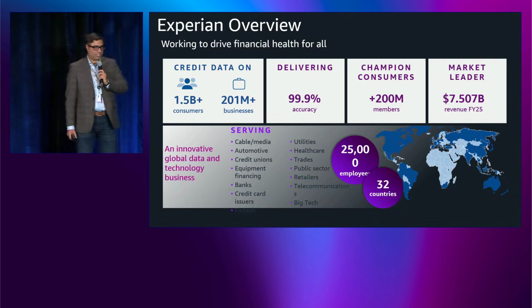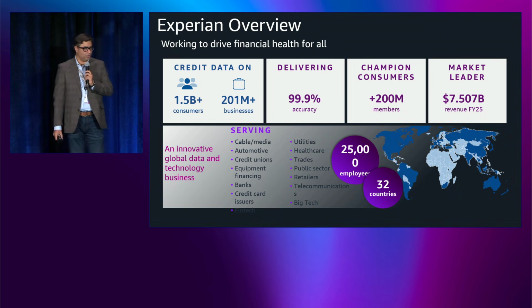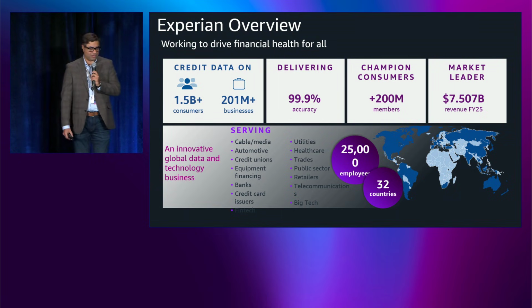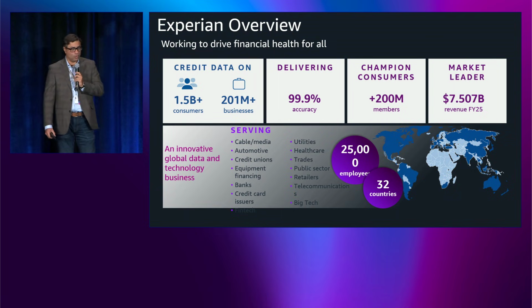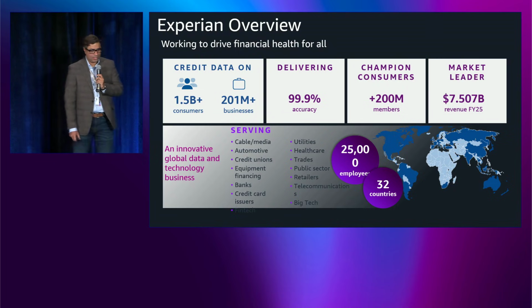A little bit about Experian. As you know, we are a credit bureau, with credit bureaus all across the globe. We are an innovative global data and technology business, and our main aim is to work towards financial health for all.